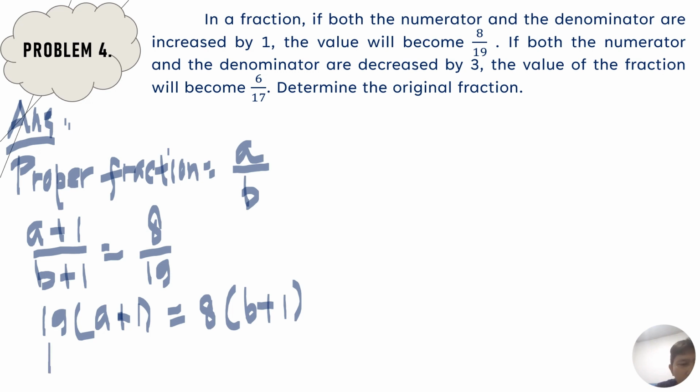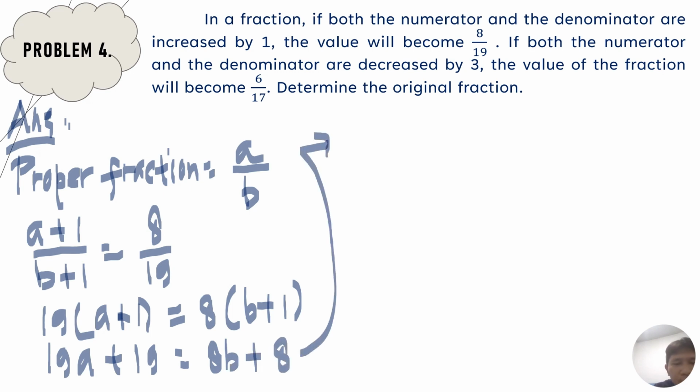So 19A plus 19 equals 8B plus 8. Then we can make it simpler: 19A minus 8B equals 8 minus 19, so it becomes minus 11. That's the first equation.